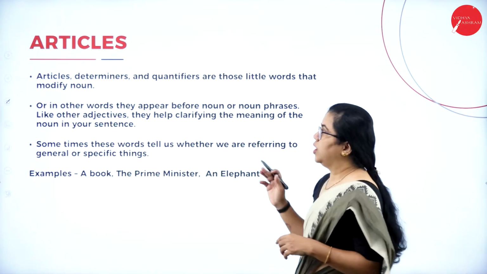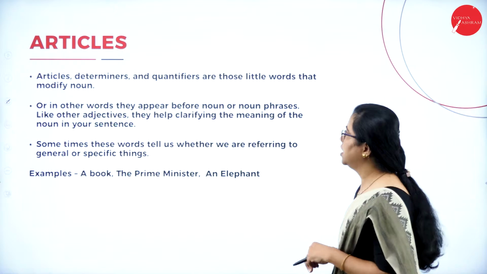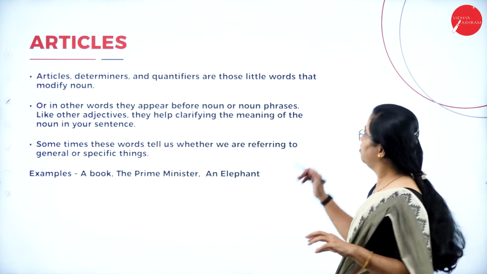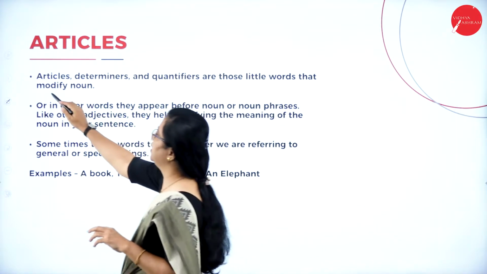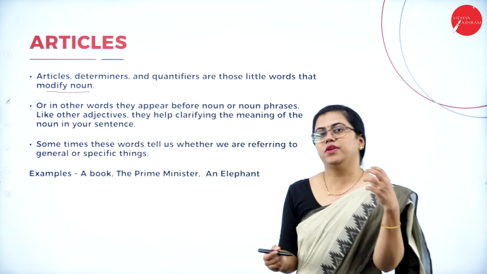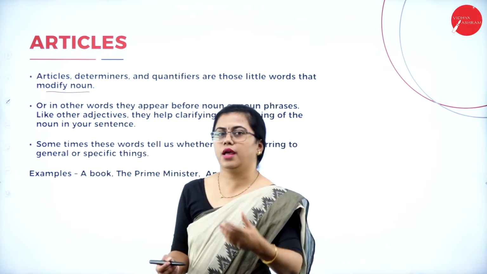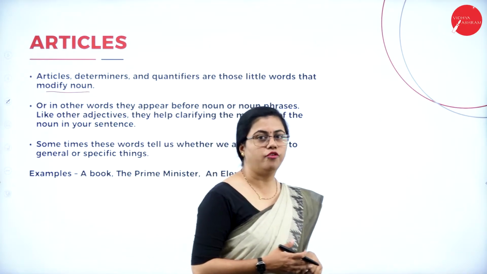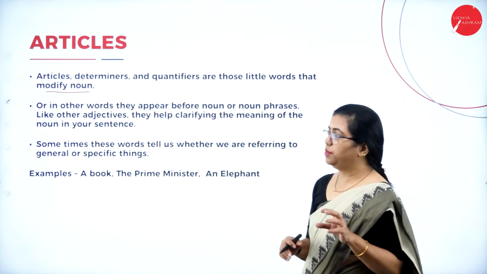So articles are also determiners, and quantifiers also. They are all used to modify a noun. Which means we are giving some extra information about a noun, so that is why we call it modification of a noun. They actually appear before a noun.